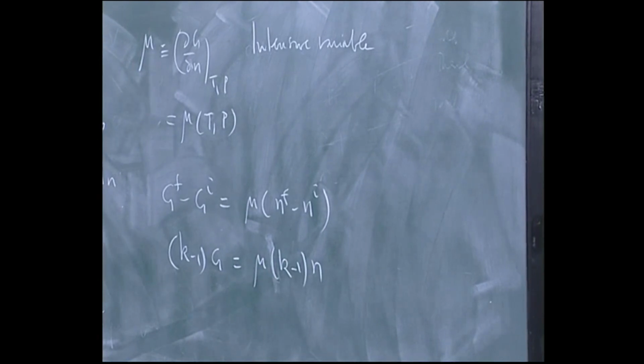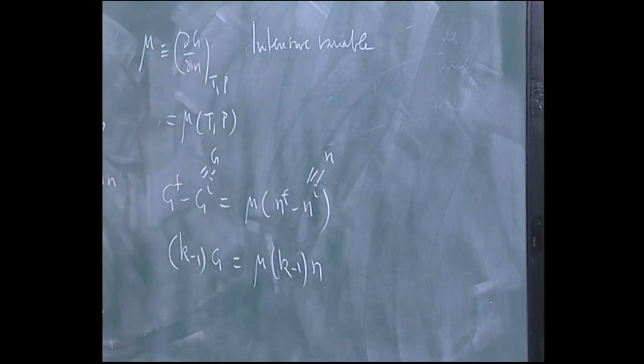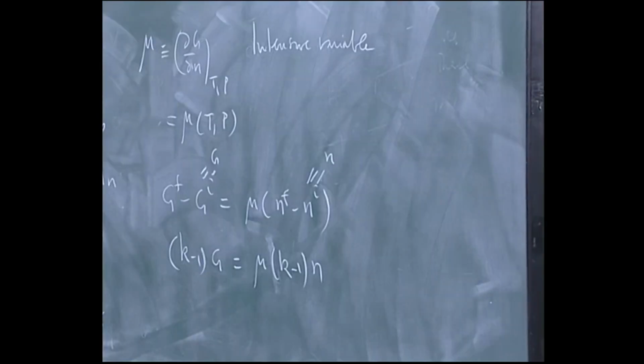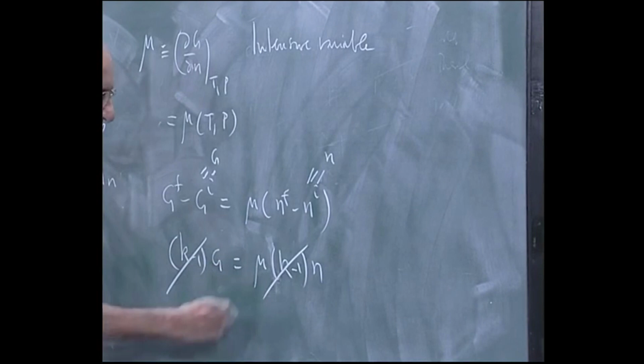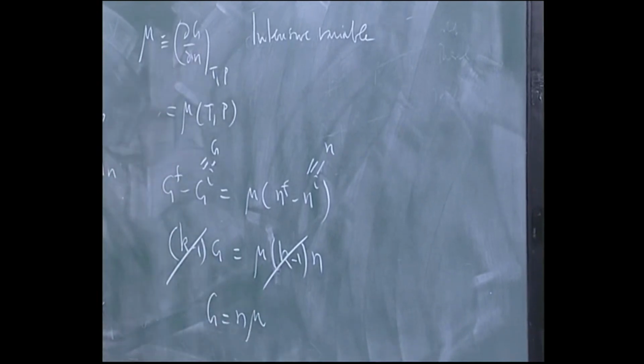And G initial, I use the notation G for the initial state. The initial state has n moles and its Gibbs free energy is G, and k need not be 1, therefore I can strike this off. This is valid for all k. So, G is simply equal to n times mu.